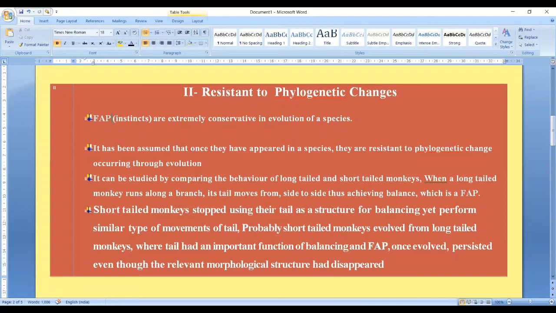So the FAP, once evolved, persisted even though the relevant morphological structure had disappeared. In the short-tailed monkey the same movement is seen, but it does not use the tail for balancing. It is supposed that they evolved from the long-tailed monkeys. That's why, as an FAP, the movement of the tail is still present in the short-tailed monkey.